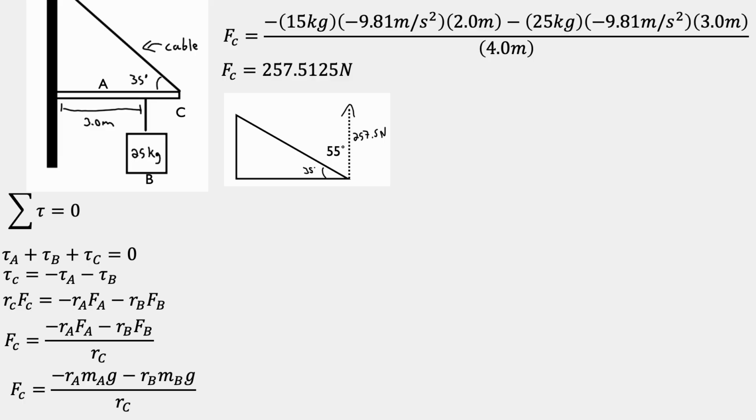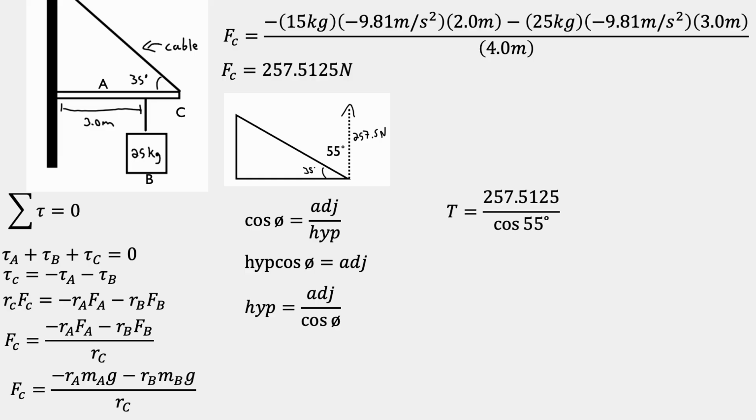We want to get the hypotenuse here, and we have our adjacent, so I would use cos. So we want to solve for the hypotenuse, so I'd get it out of our denominator by multiplying both sides by the hypotenuse, and then divide both sides by cos. Substitute our values in, and we get a force of 450 newtons.